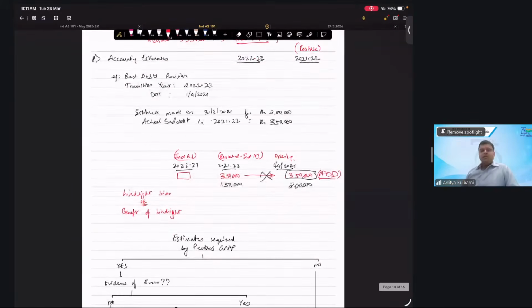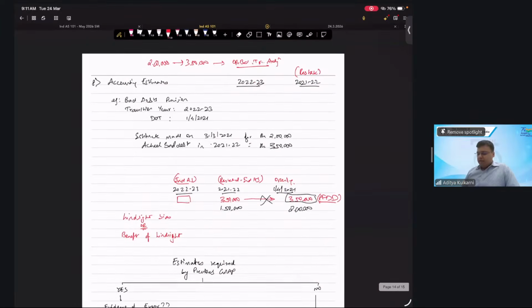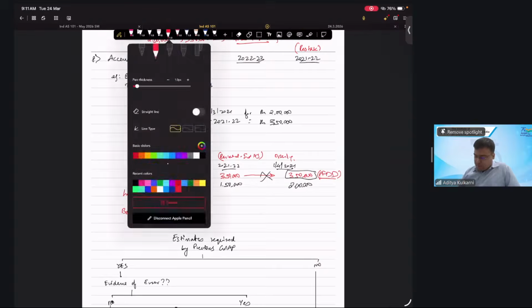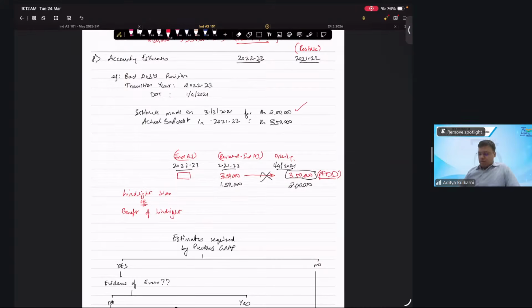For example, if you are preparing Ind AS financials for the first time for 22-23, you get an opportunity to restate your P&L for 21-22 for all the Ind AS adjustments. Let us suppose your bad debts provision made on 31st March 2021 was 2 lakhs. Actual bad debt in 21-22 is 3,50,000.